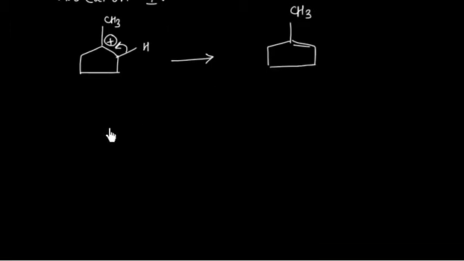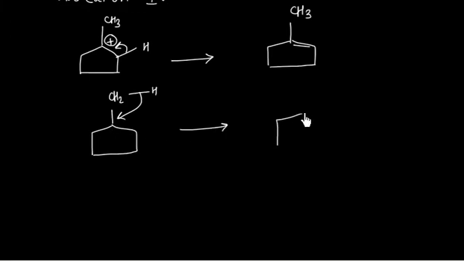This carbocation can also lose H plus from here. In that case we will have another alkene. So these two are elimination products.